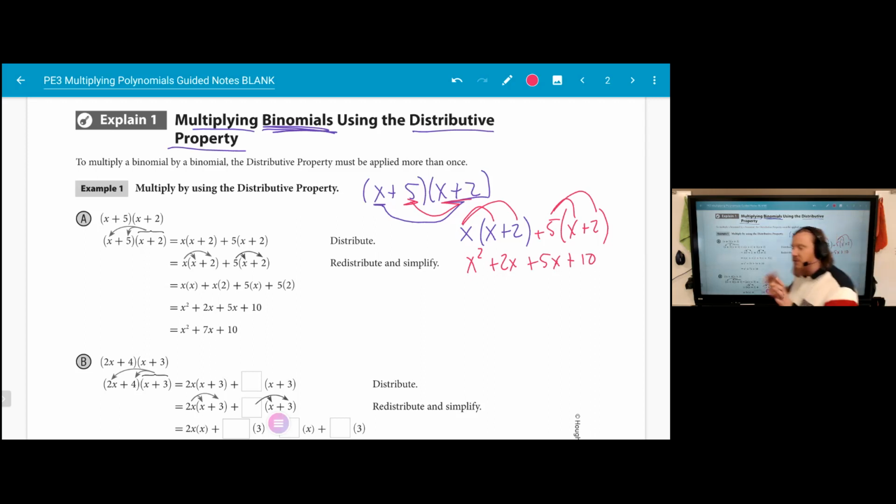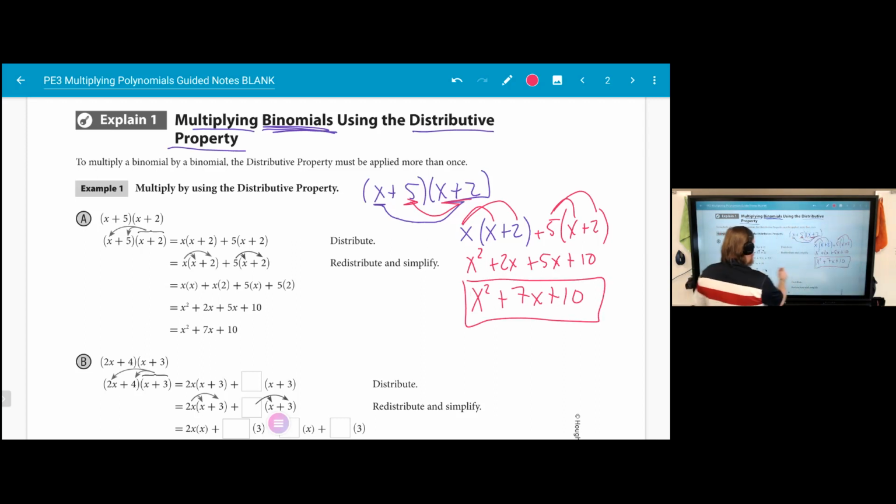Hopefully at this point you're saying, hey, wait a second, I can simplify this further. I can't add x squareds to anything else that doesn't have an x squared, but I've got two terms that just have x's. Same variable, same exponent. We can combine these: x squared plus 7x plus 10.